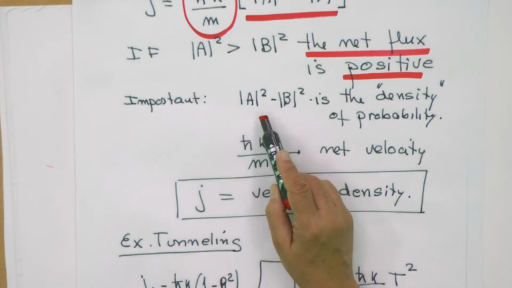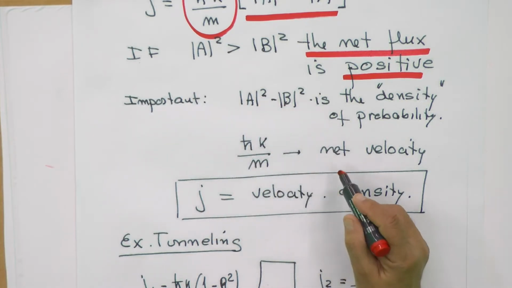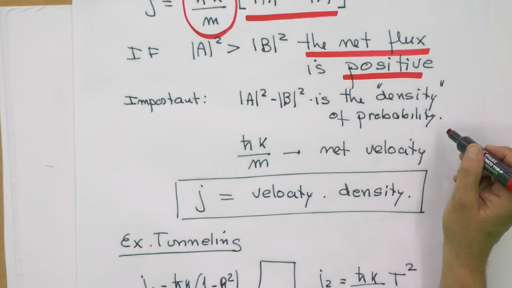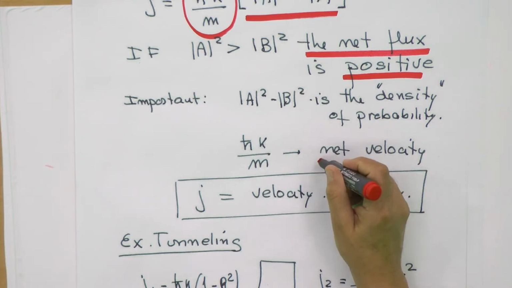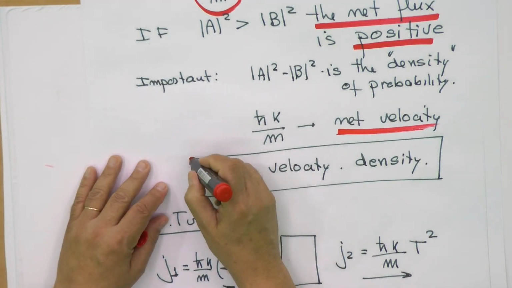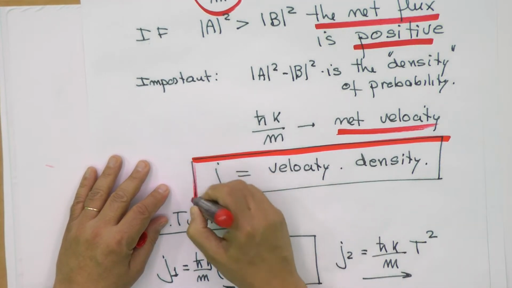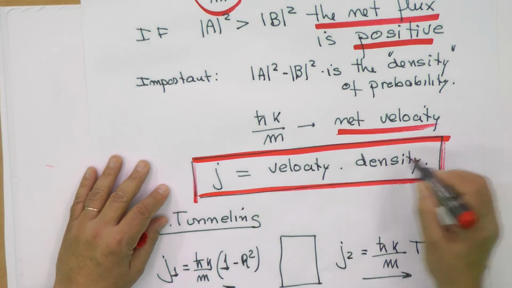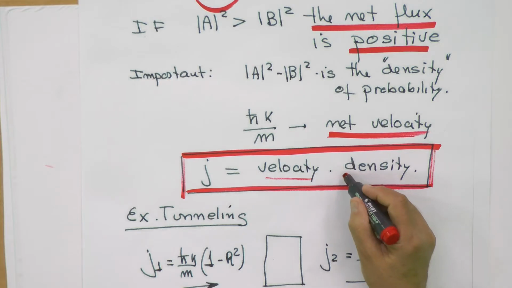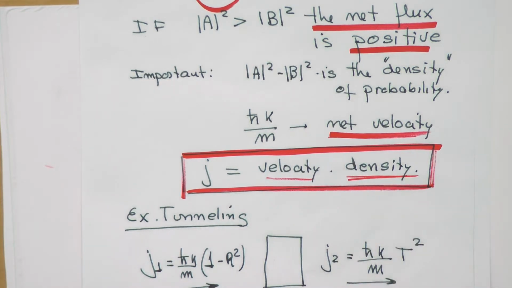A squared minus B squared is the density of probability, and this is the net velocity. This is what I told you before, that all flux in physics is always a kind of velocity. In this case, the classical velocity of the particle times the density, and here the density is the density of probability.